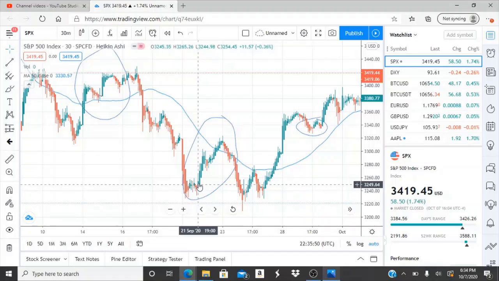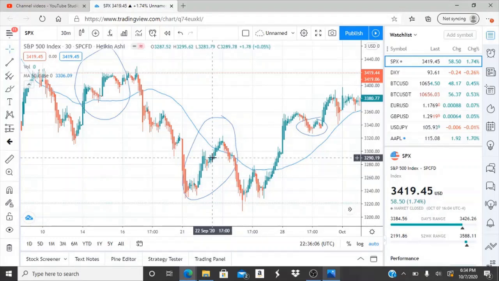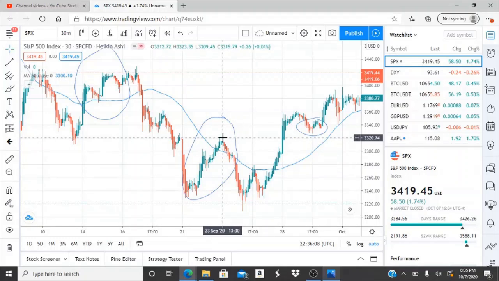But on the 21st, which was a Monday, it was rising up, and it rose up to this point here. And the next one was the 22nd. So this is the last 21st candlestick, and this is the first 22nd candlestick. And we were at 32.70. This one rose up all the way up here to this point right here.